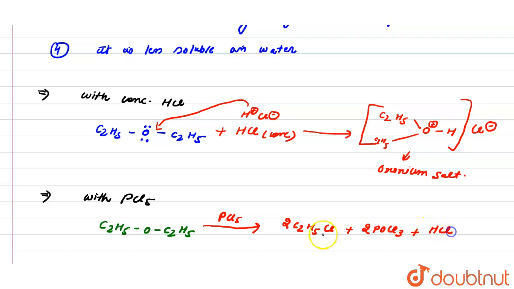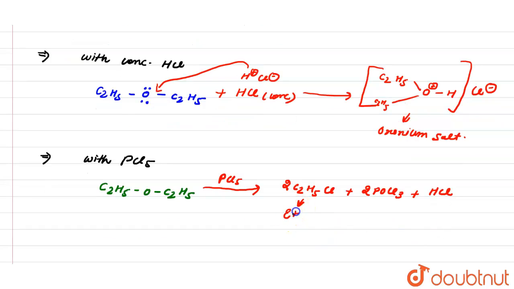So when PCl5 is heated with diethyl ether, they form ethyl chloride.